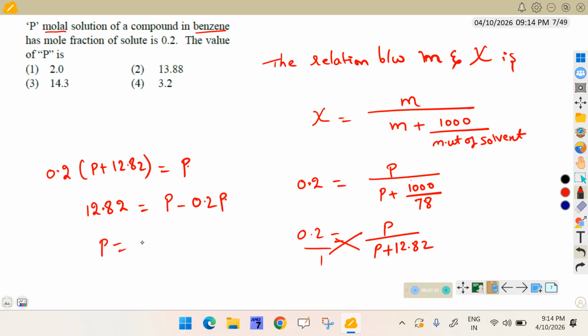Then P is equal to 12.82 by 0.8. Sorry, here into 0.2. Simplify, then you will get 3.2.